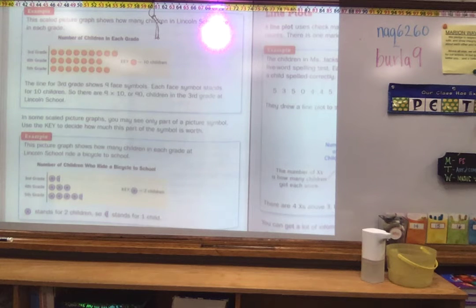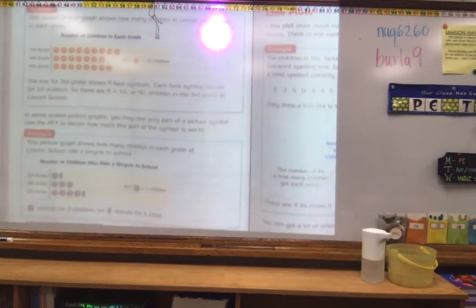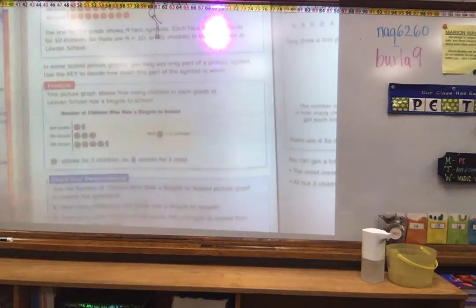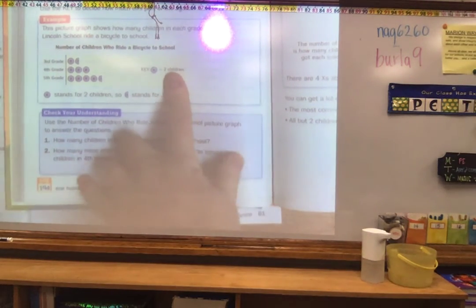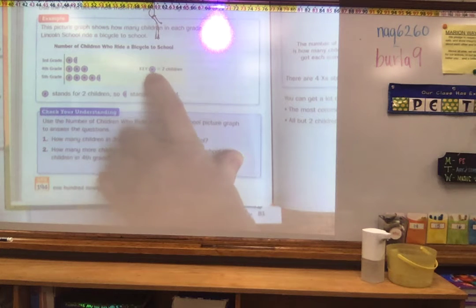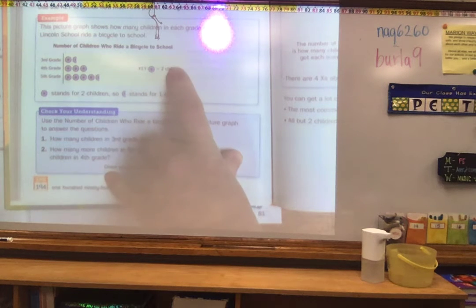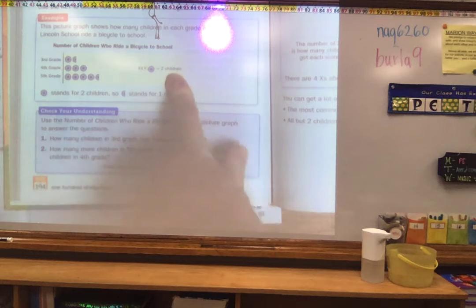Now, look down here. Down on the bottom, it shows us the number of kids that ride their bikes to school. The bike tire equals how many children? 2 children.